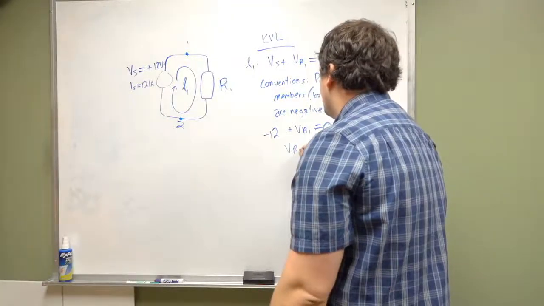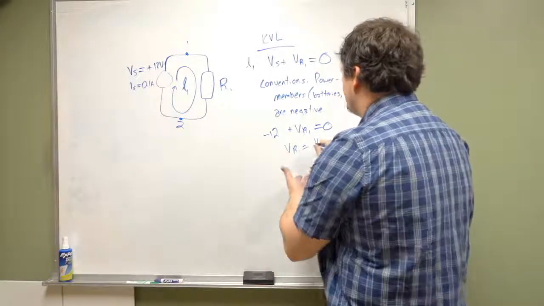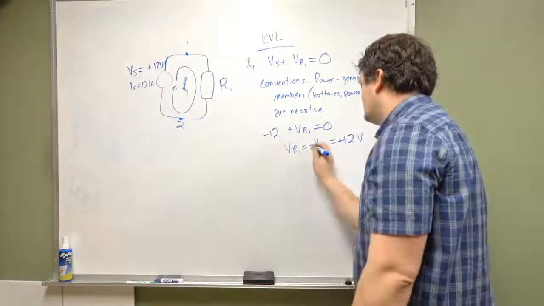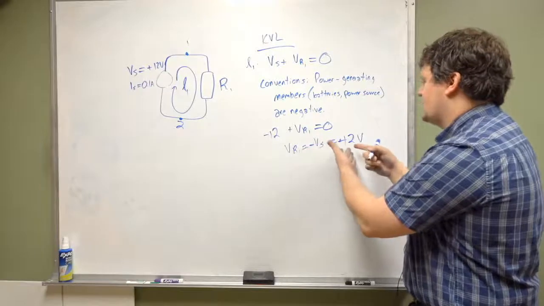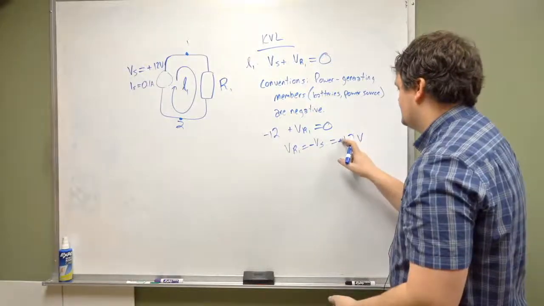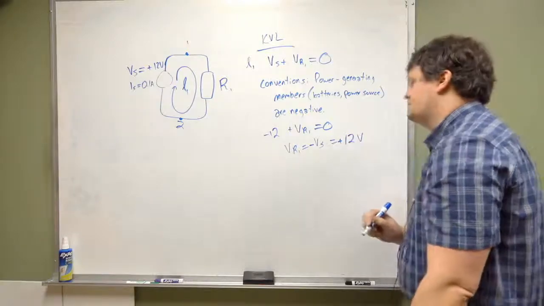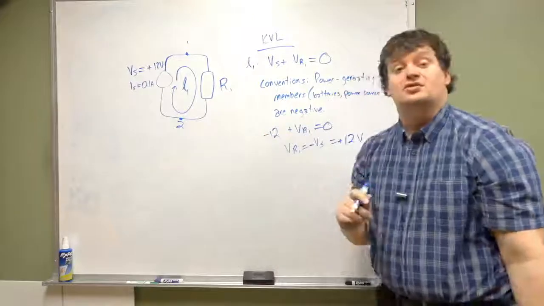So you could say VR1 is equal to Vs, well, a positive version of Vs, which ends up being a positive 12. So negative Vs comes in as a negative, it's a negative of a negative. That equals a positive 12 volts. So we know that the voltage drop across R1 has to be 12 volts.